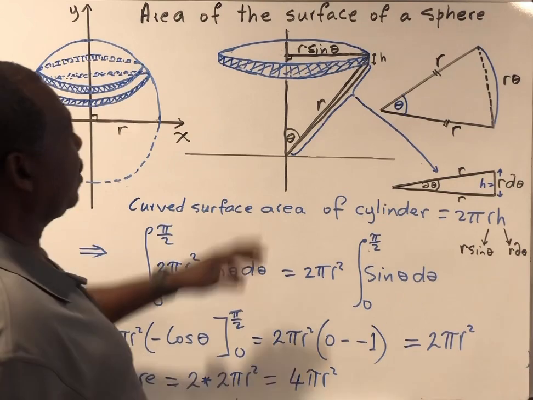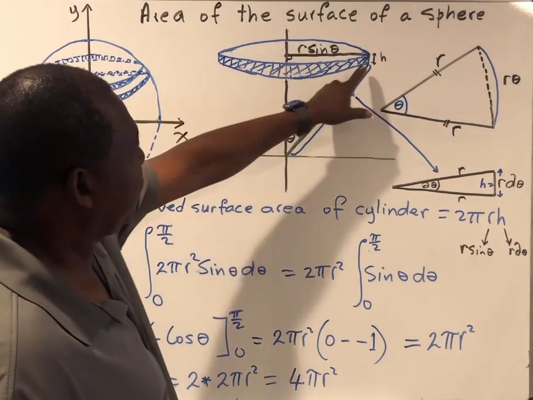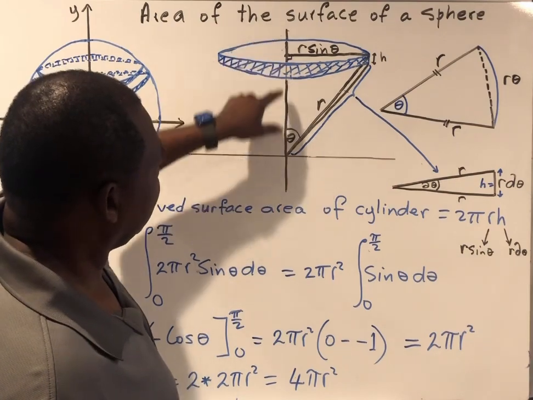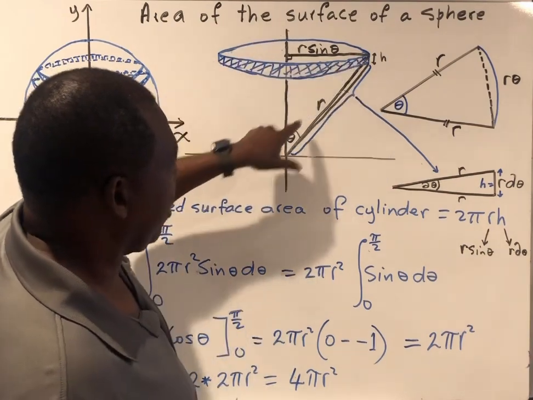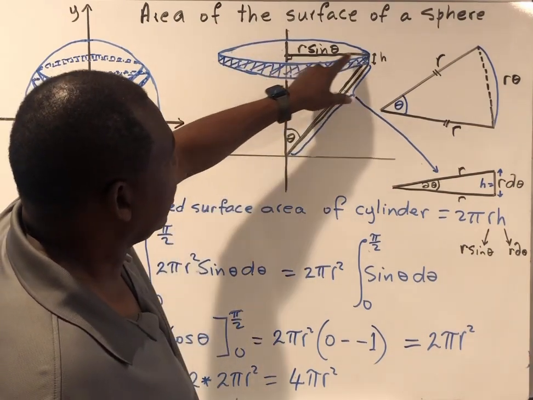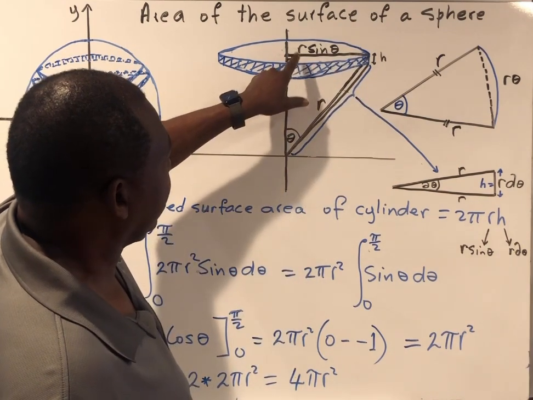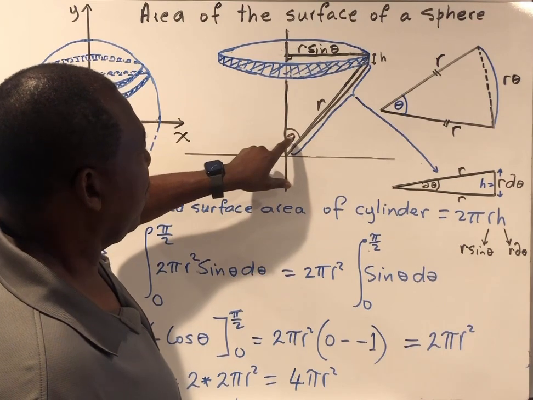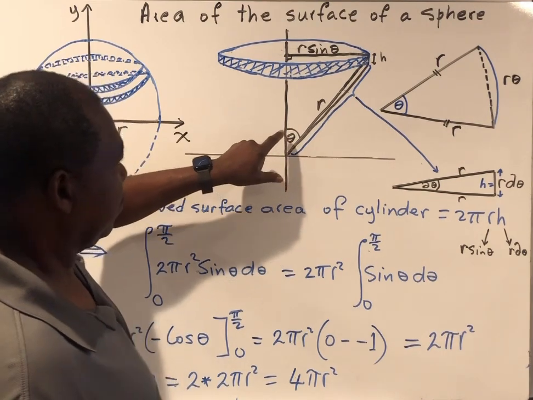Trigonometry tells us that if this is the radius of the sphere, and we have here a right triangle, so this leg of the right triangle is going to be given by r times the sine of the angle theta.